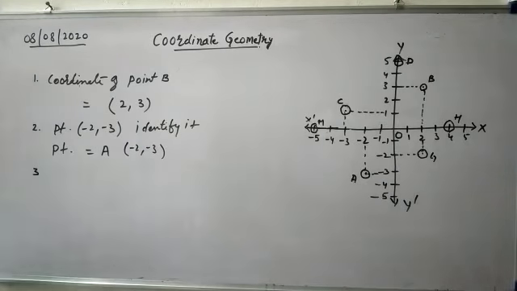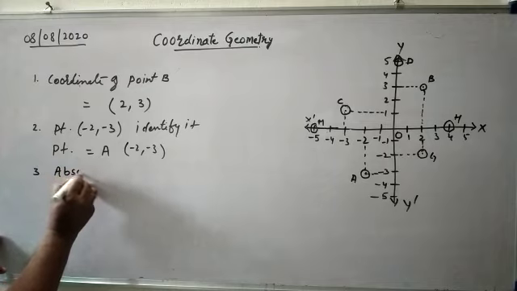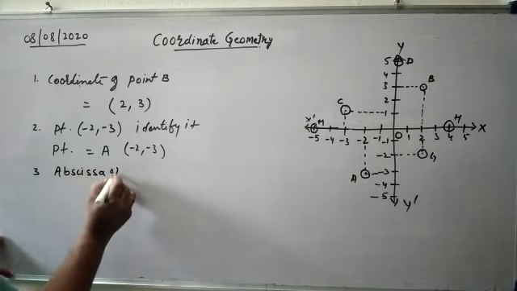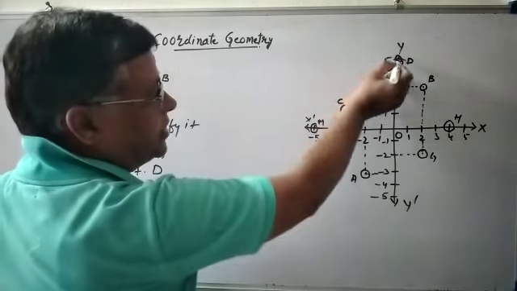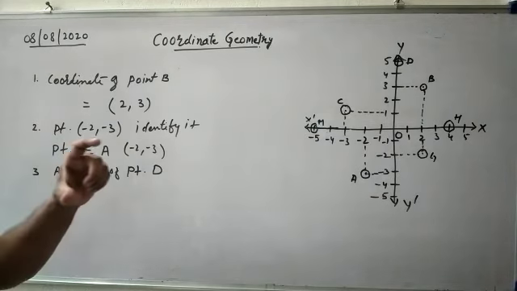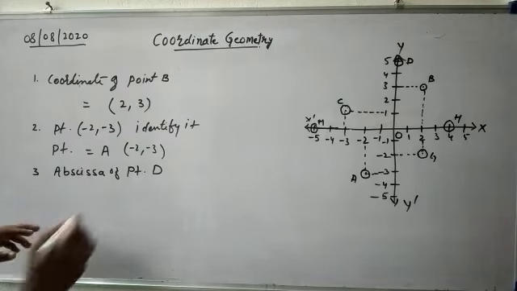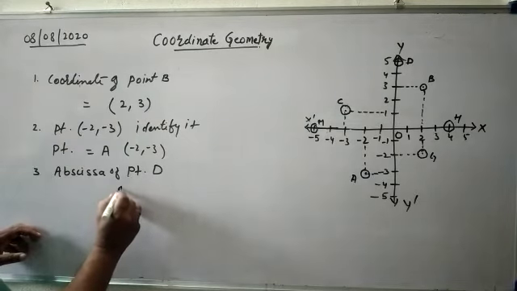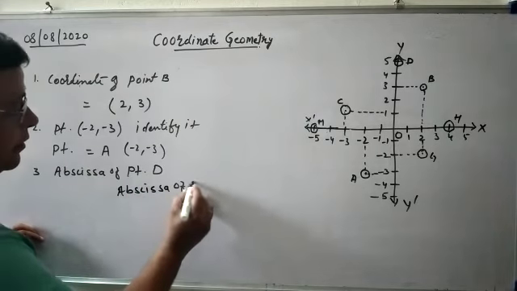The third one, abscissa of point D. Because the point D lies on the y-axis, and yesterday we saw that if any point lies on the y-axis, whose perpendicular distance from the y-axis is 0, its x coordinate, or abscissa, is 0. Abscissa of D is 0.